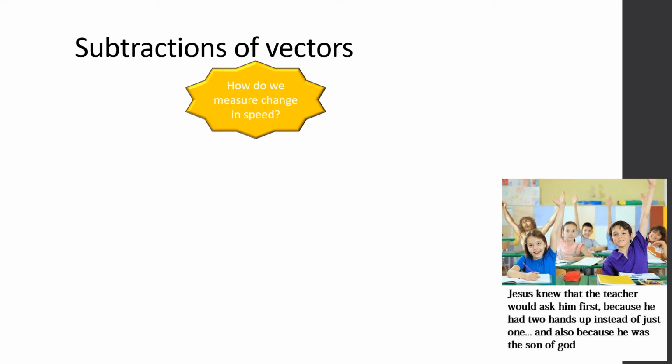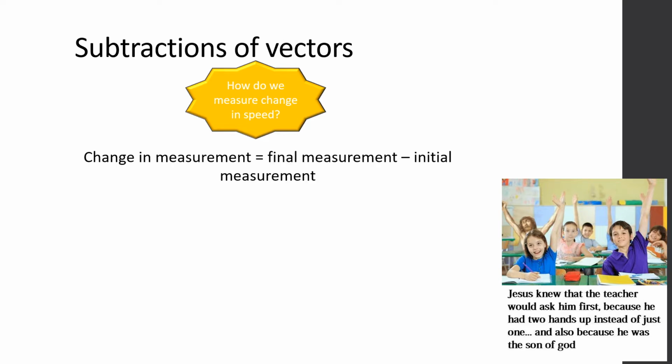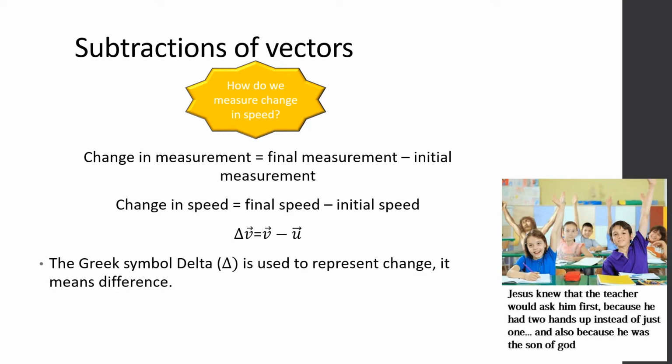How do we measure the change in speed that we see in a circle? Change in measurement equals, well, we always use the same equation, the final measurement minus the initial measurement. Change in speed, therefore, will be the final speed minus the initial speed, or delta V equals V minus U. The Greek symbol delta is always used to represent change.